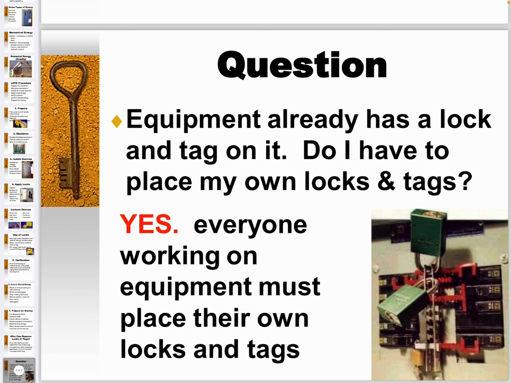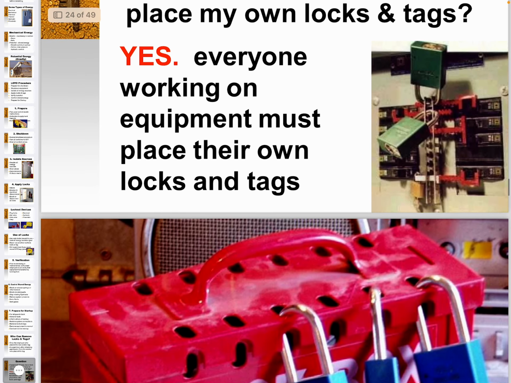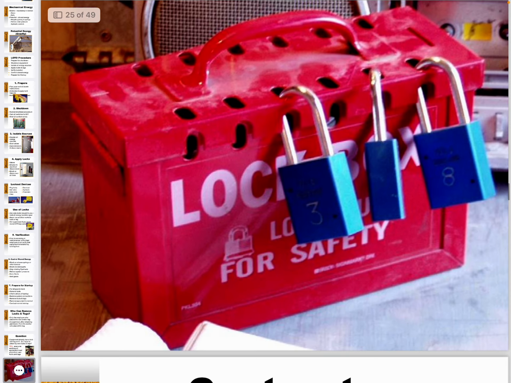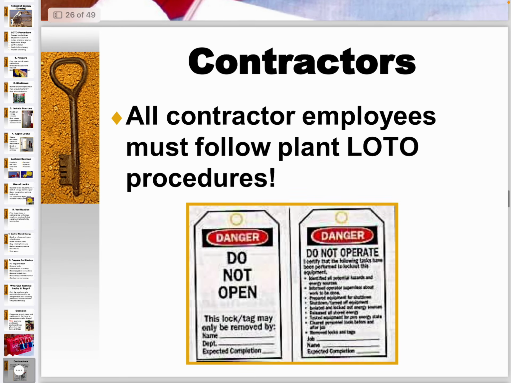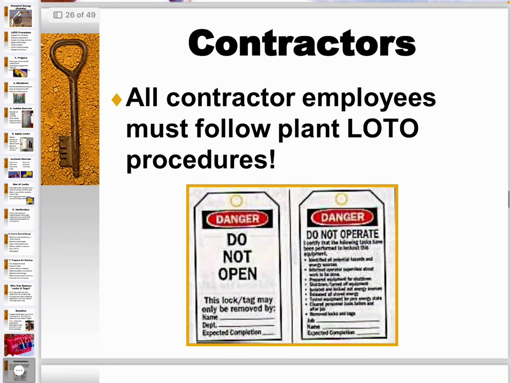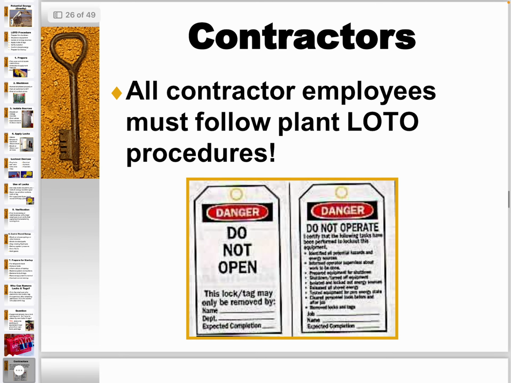Do I have to place my own lock and tag? Yes, every worker on the equipment must place their own locks and tags. Seeing these pictures, these companies have the code for the locks, also color codes. All controllers or employees must follow the planned LOTO procedure.